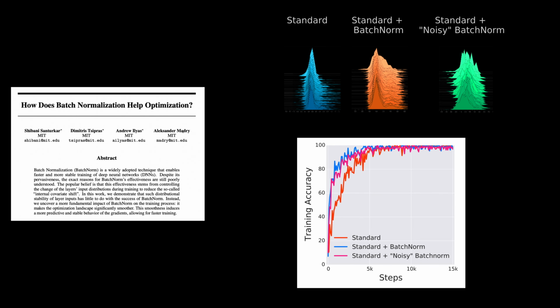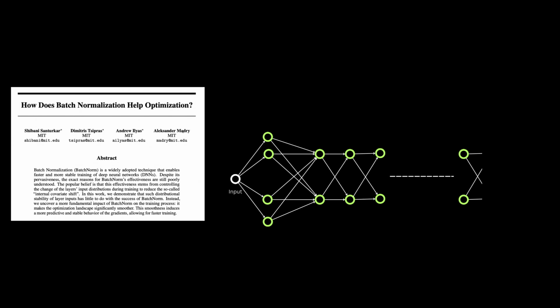The authors start looking at ICS, or internal covariate shift, as how much the parameters in a layer would have to adjust in response to a parameter update in the previous layers. To quantify this, the authors use the difference between the gradients of each layer before and after updates to all the previous layers. So let's say we have this neural net, and this layer is what we are observing.